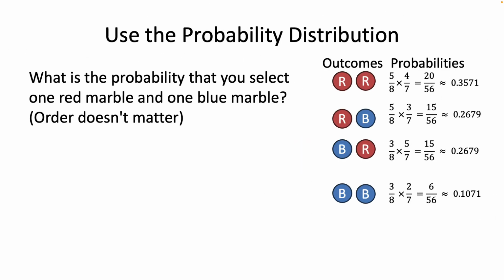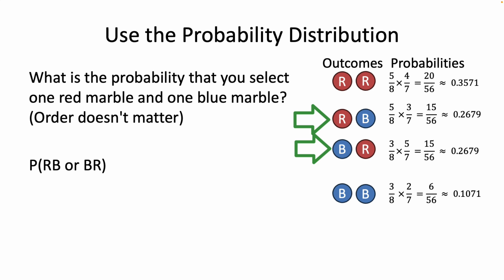Now let's take a look at this problem. What's the probability you select 1 red and 1 blue marble? Order doesn't matter. Now this one we have to be careful because order doesn't matter. There are 2 scenarios that fit this problem. We could get red and then a blue one, or a blue, then a red one. So to solve this problem, we need to find the probability that we get red then blue, or blue then red.